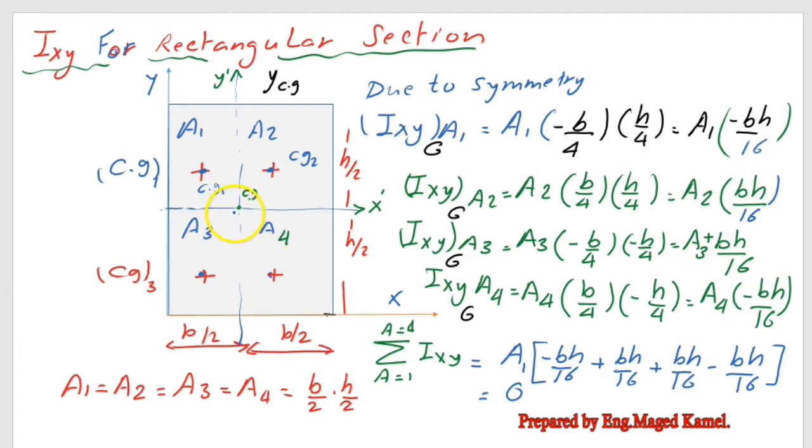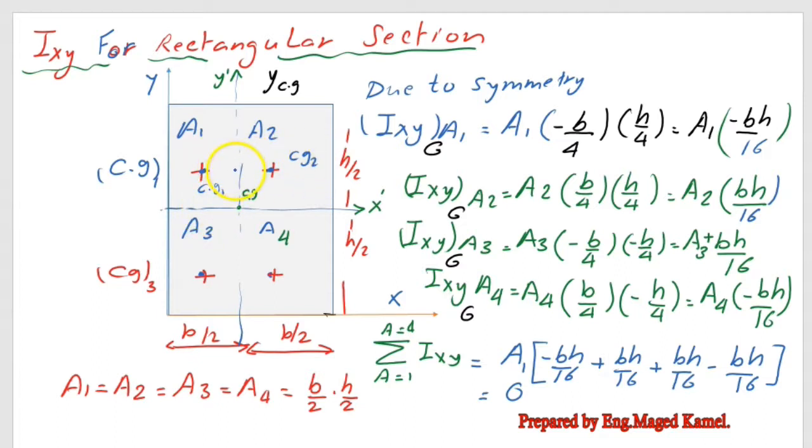For every area, we are going to estimate the product moment of inertia about x dash and y dash. We proceed as follows: Ixy at g, where g is passing through the center of the area, for the first area will be equal to A1 multiplied by the horizontal distance multiplied by the y distance.